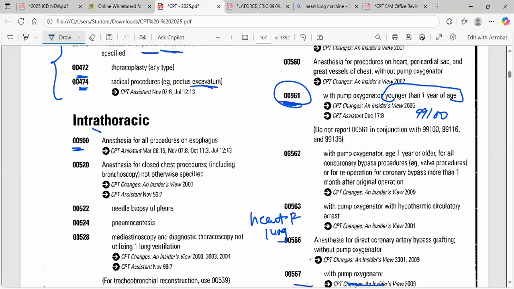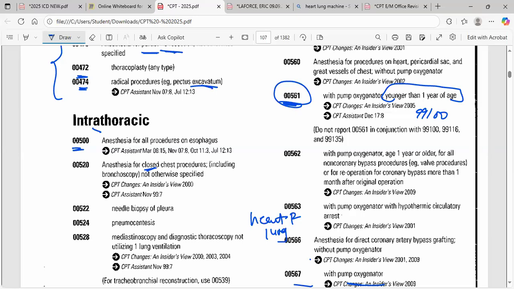Anesthesia for all procedures on the esophagus. 00520 for the anesthesia on the chest procedure or closed chest procedure. Closed chest procedure means that an incision has not been placed in the chest, but just normal closed procedures have been completed.